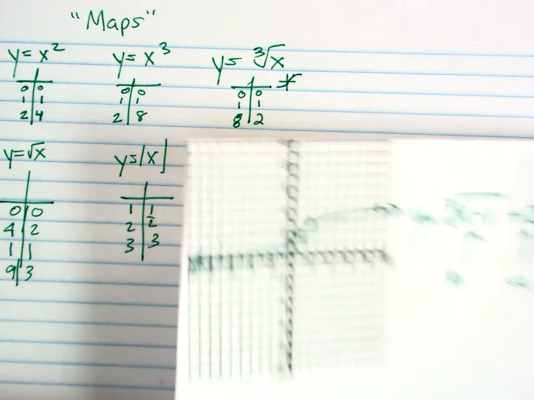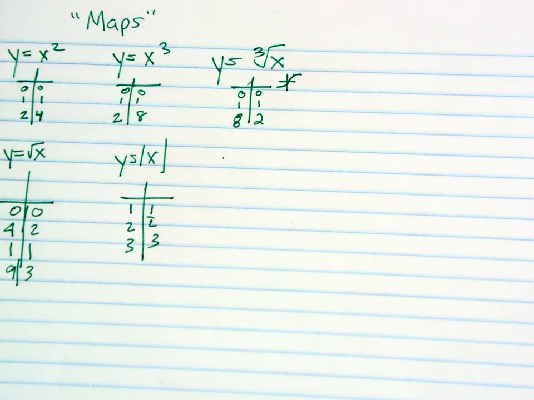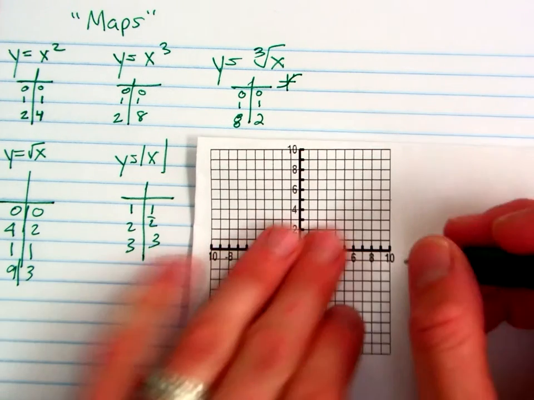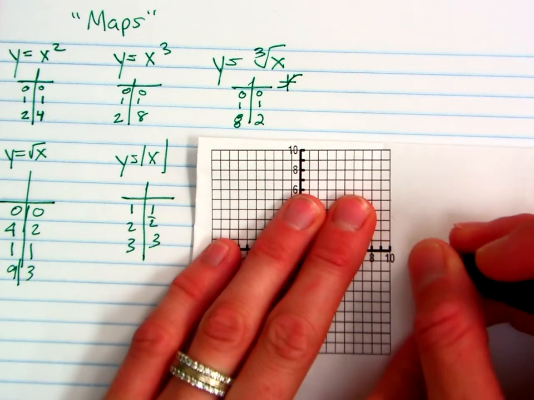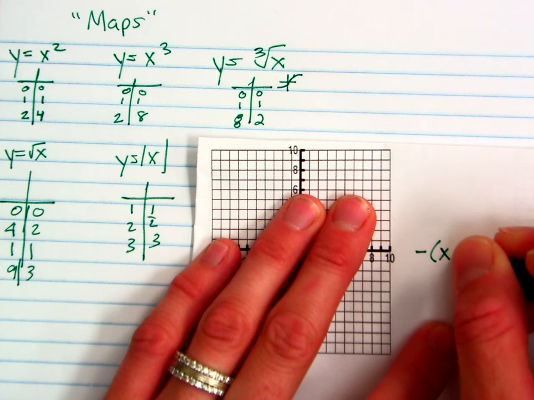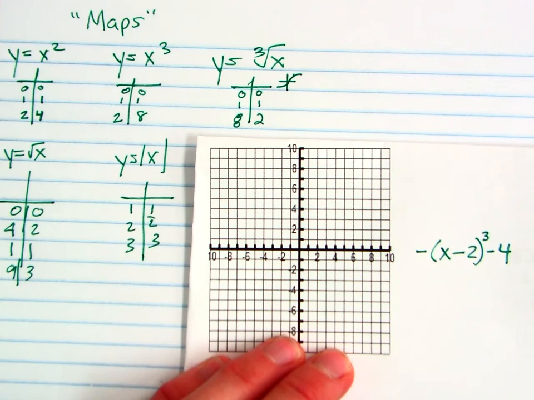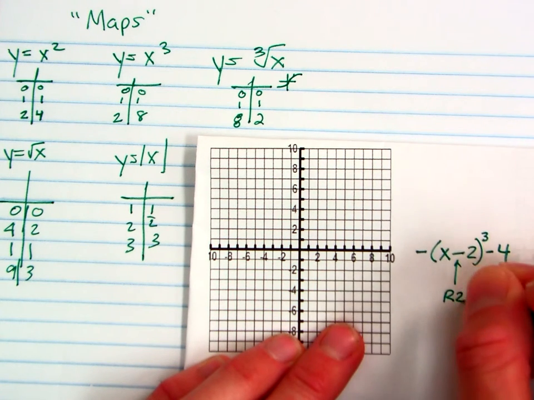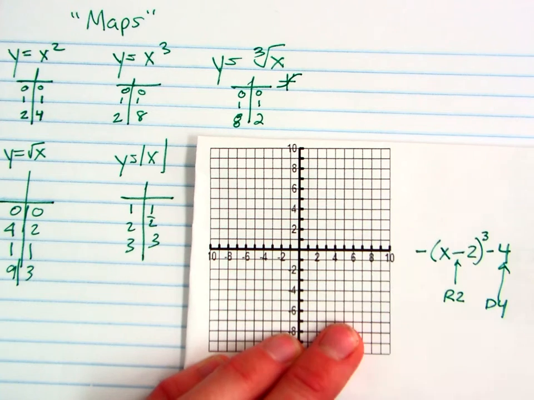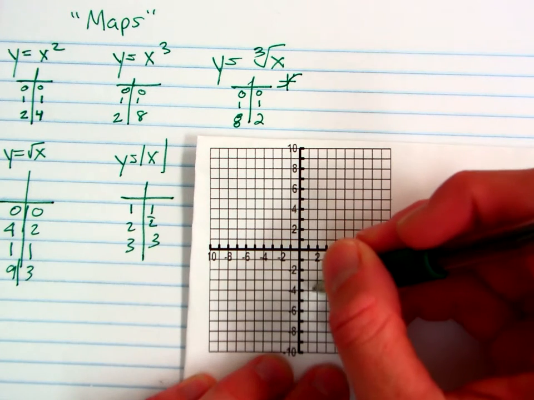So let's do another one. Let's do a negative. Negative x minus 2 cubed minus 4. So this will have the shape of x cubed. This is right 2, down 4.